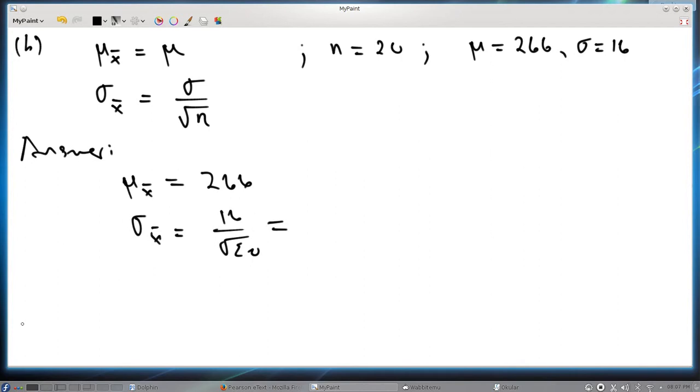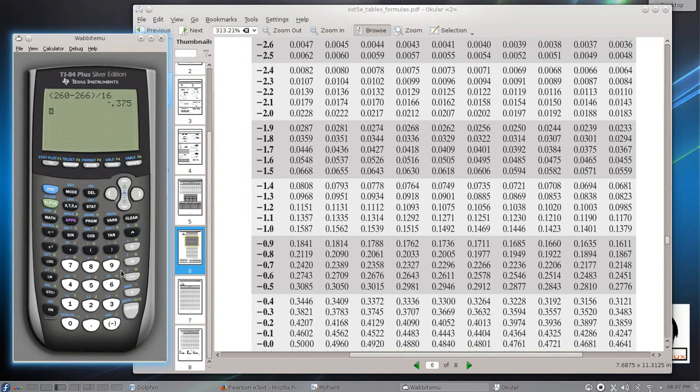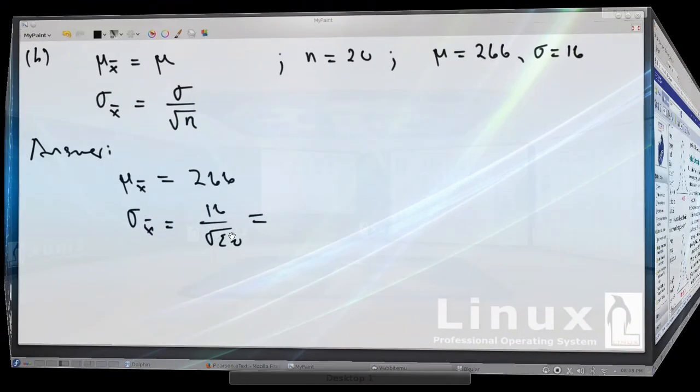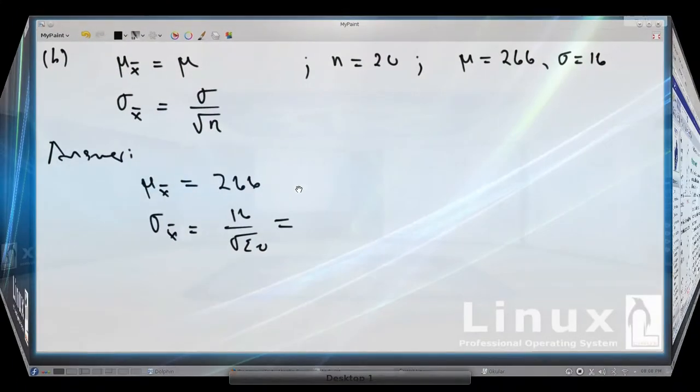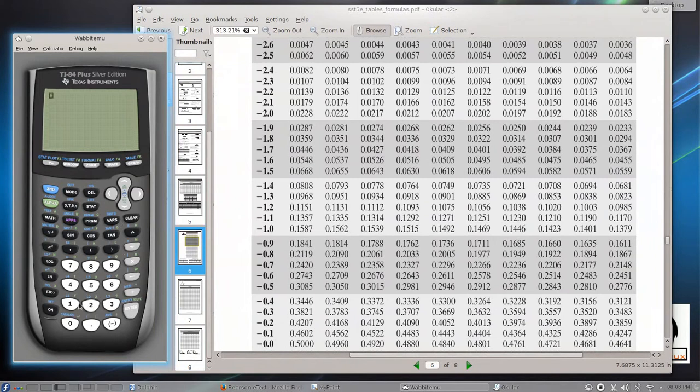Let's clear this first. Okay, so we have 16 divided by the square root of 20.